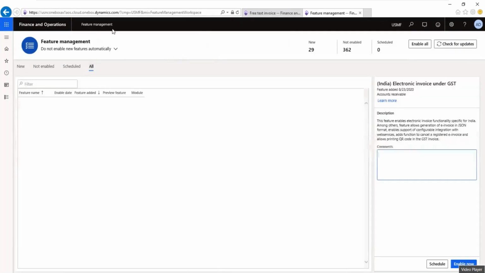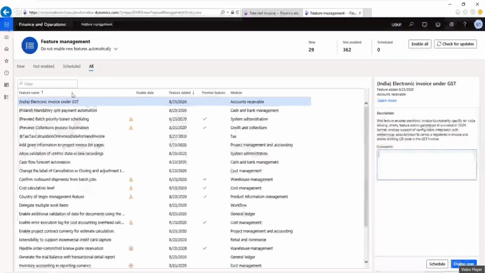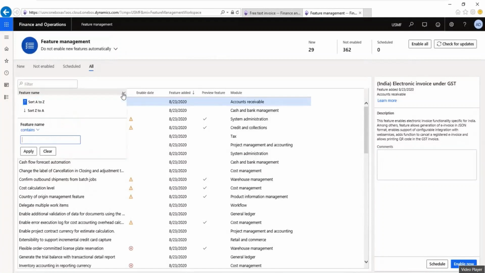Here you need to verify by dropping down and filtering by credit.